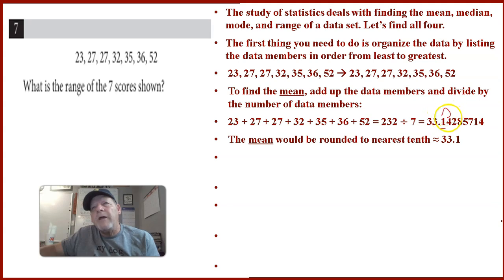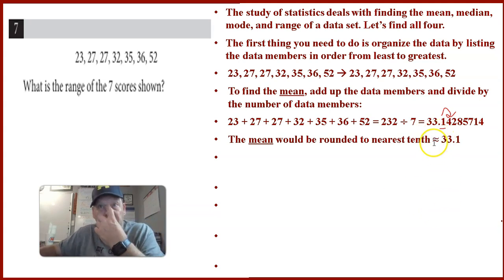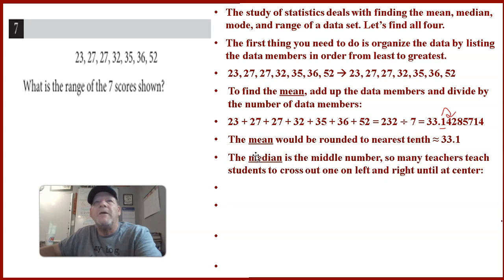And I look to the right and I say, is the digit to the right 5 or bigger? No, it's not. So it's just going to stay at 33.1. And that is your rounded answer. Now you notice I don't have a straight equal sign. I've got little curves. Those are called tildes, a double tilde. It means it has been approximated.